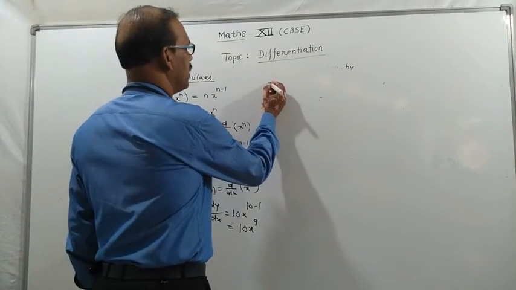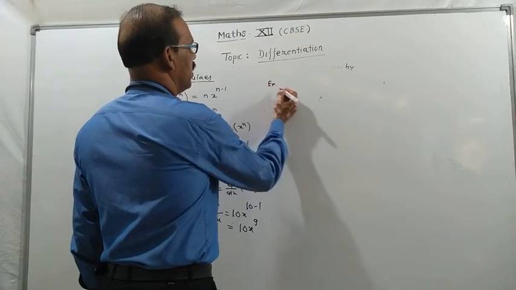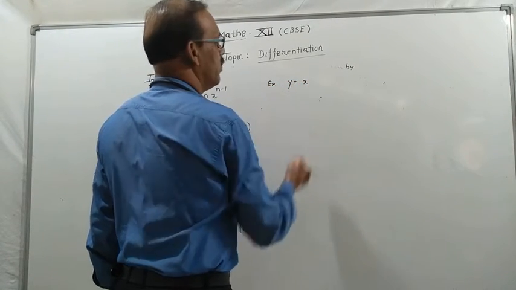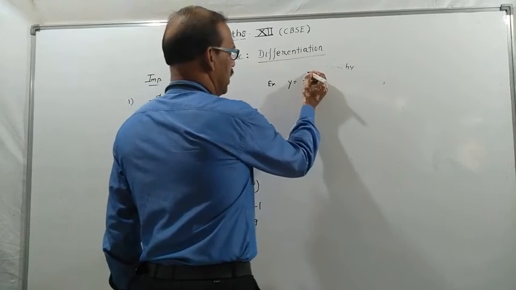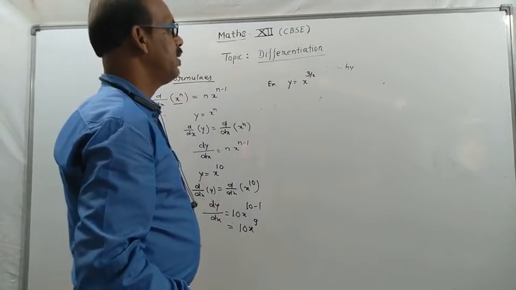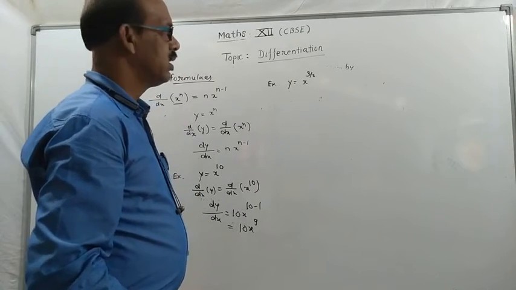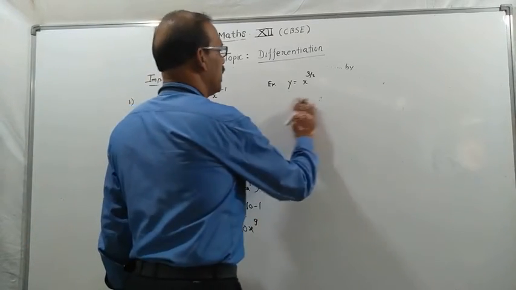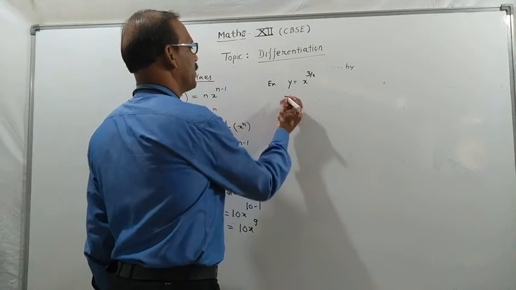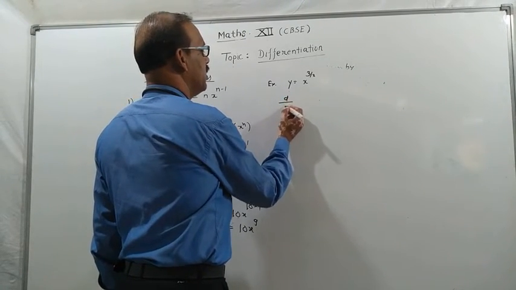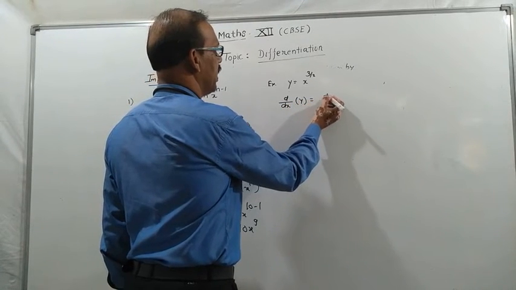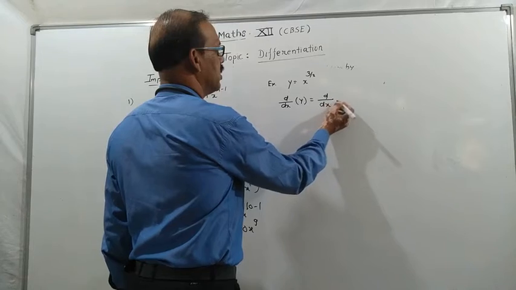One more example. If the value of y is given in the form of, suppose, x to the power 3 by 2, it is a fraction. The power is in fraction. We are also able to apply the same formula to find the derivative of such a function. Therefore, we apply the derivative with respect to x of the left hand side as well as the right hand side.